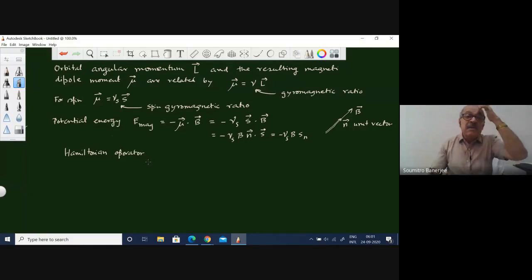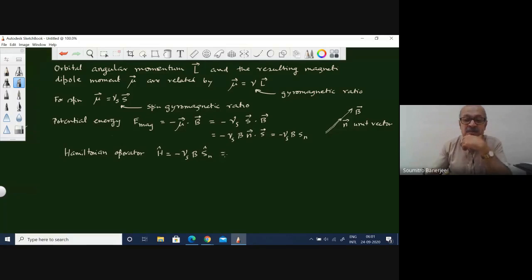We are only considering the potential energy due to this. So the Hamiltonian operator H then becomes minus gamma S B. B is a number, and Sn now becomes an operator, and this operator is something that we know.